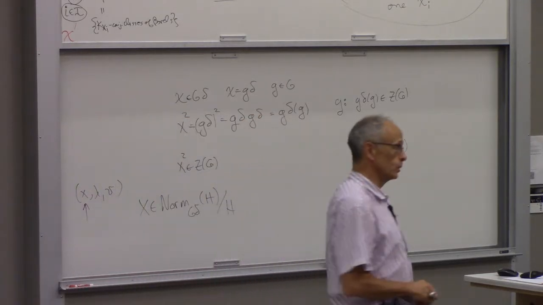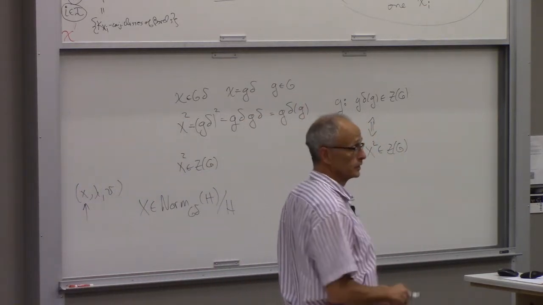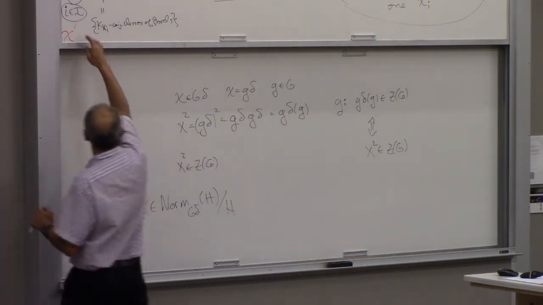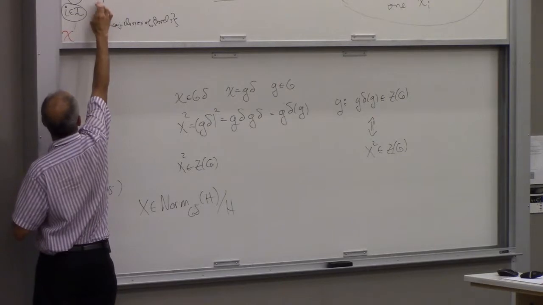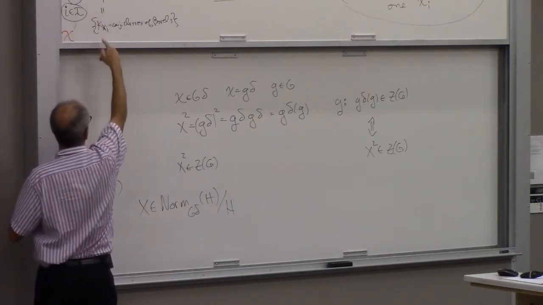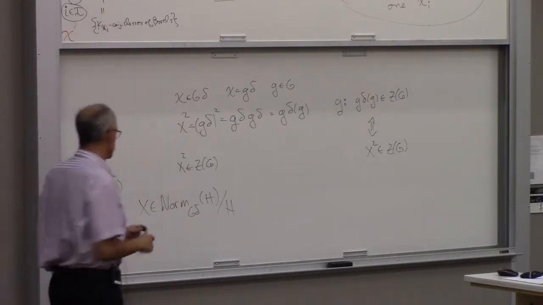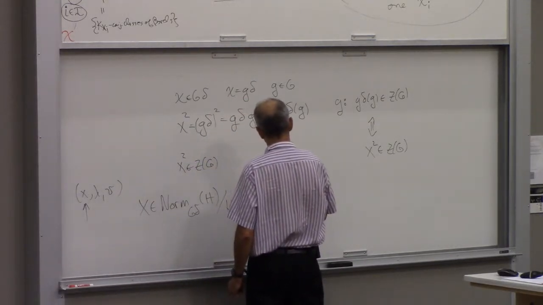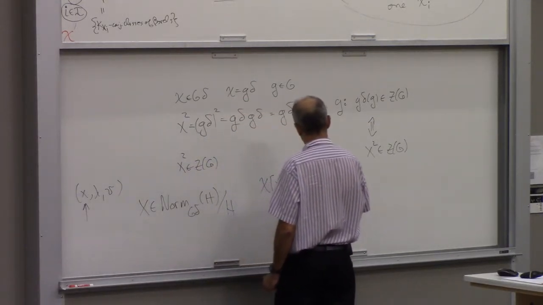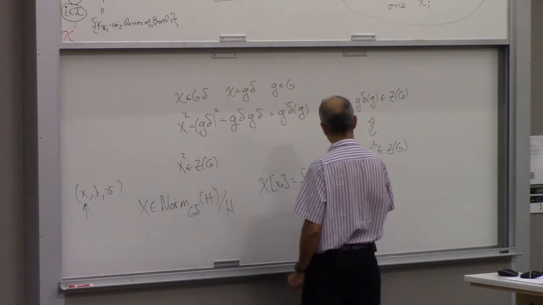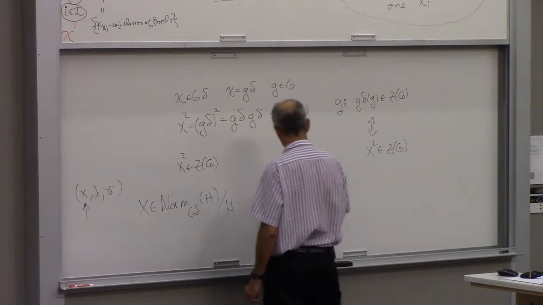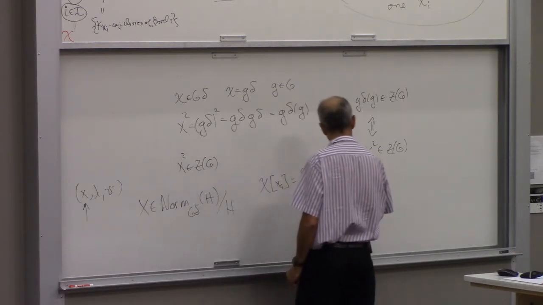It's convenient, as it makes this statement simpler. If you want to talk about a specific real form, you have to specify an x_0 and just talk about the x's which are G-conjugate to that x_0. That's what I wrote, x bracket x_0 is the set of x's such that x is G-conjugate to x_0.